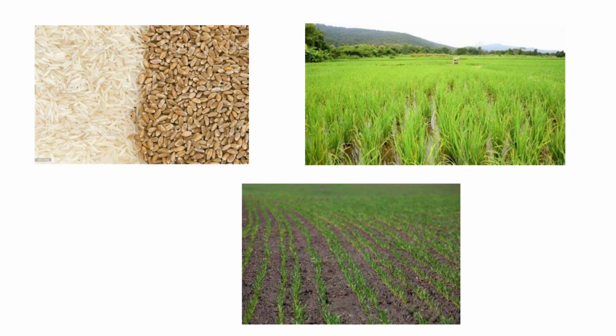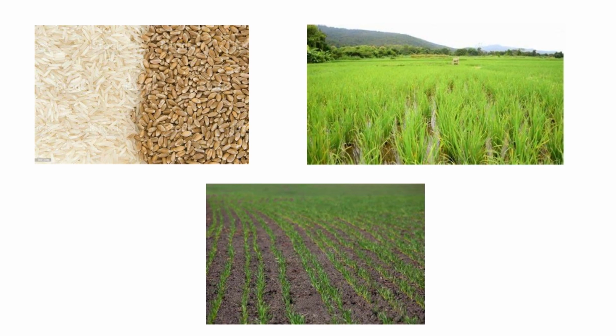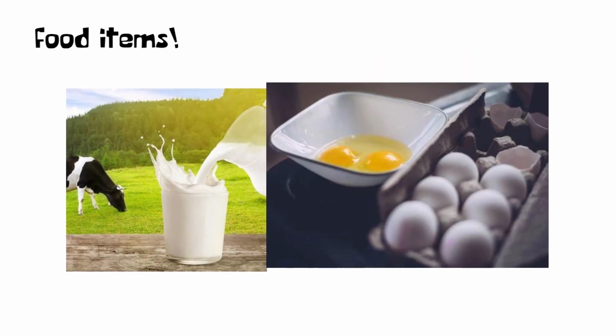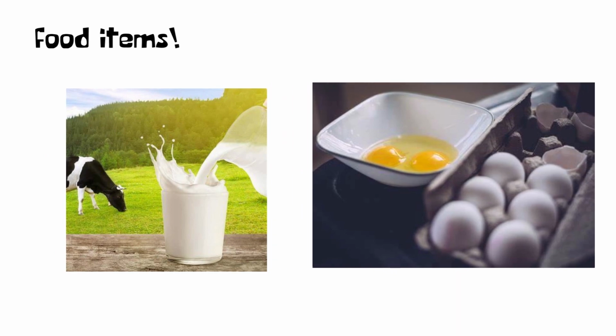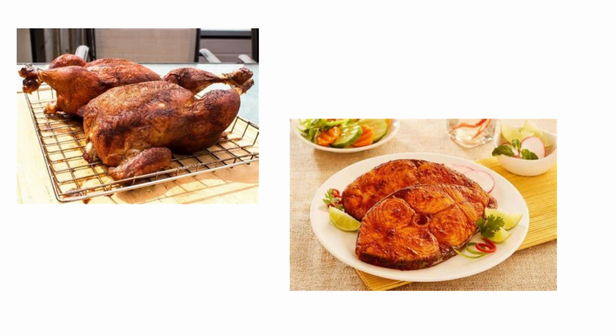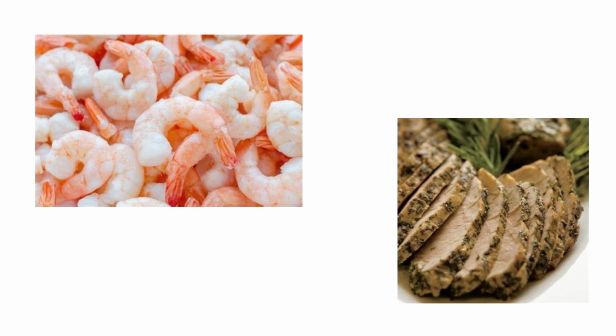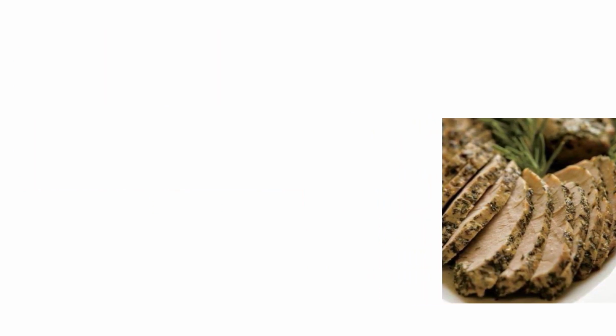You may have seen paddy or wheat fields with rows and rows of plants which give us these grains. And then there are food items like milk, eggs, meat, chicken, fish, prawns, beef, pork, and such others which come from animals.